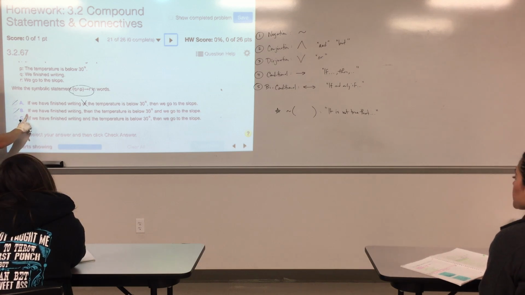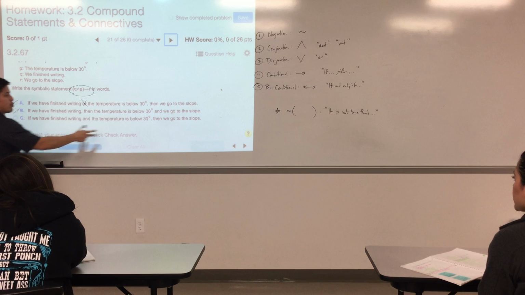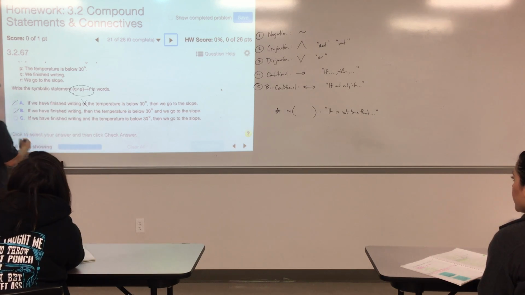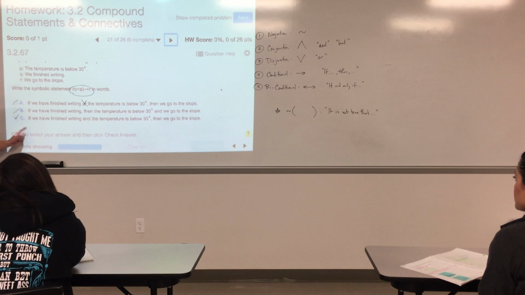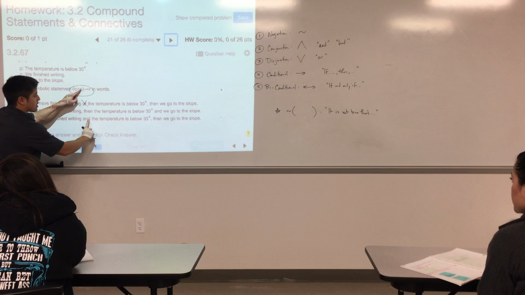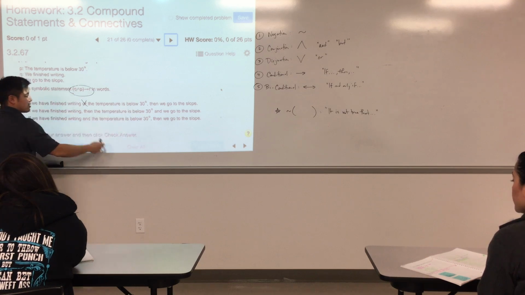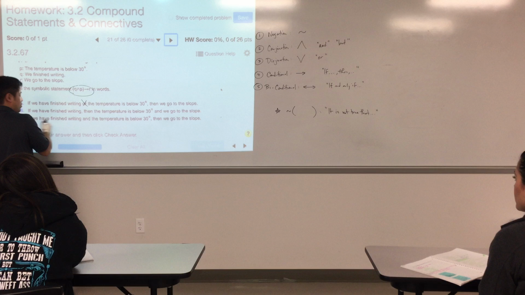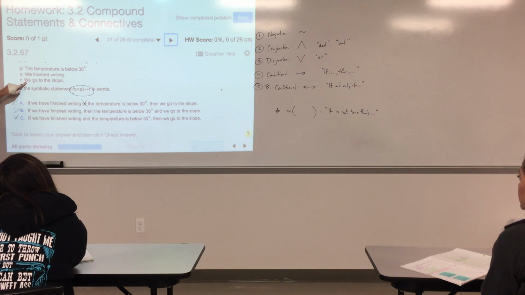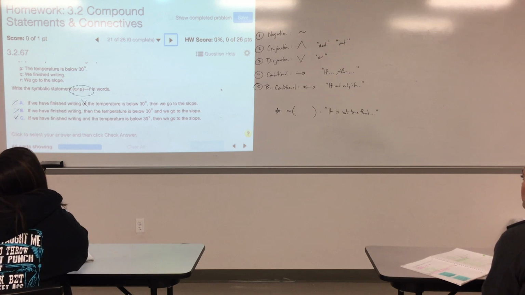This one is wrong because why? They didn't put the temperature before that and connect it to the writing, so that's out. So that's why C is the answer. Here we go. If we have finished writing and the temperature is below 30, there it is, comma. That breaks up the whole thing. Then R, we go to the slope. Make sense, guys? Yes. Okay, really, really good.